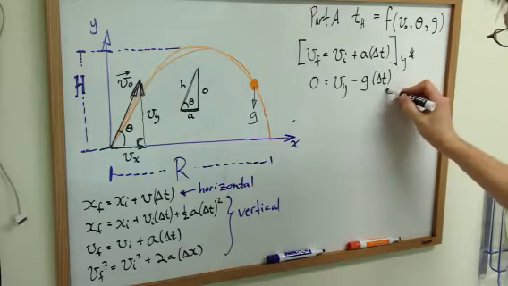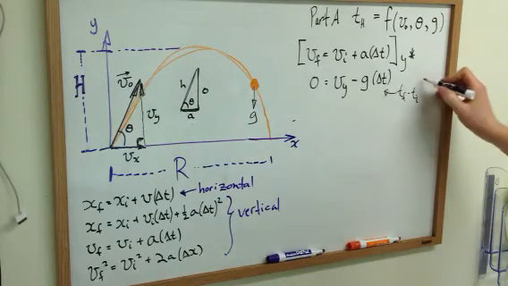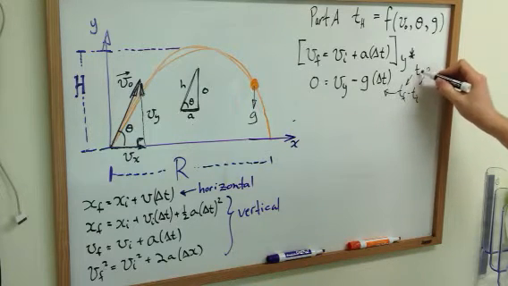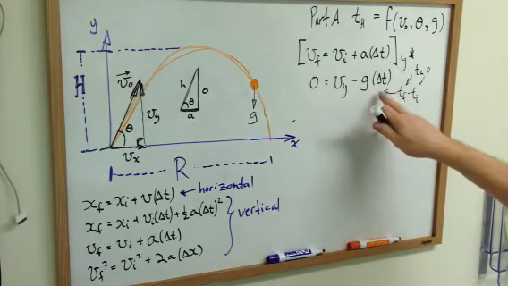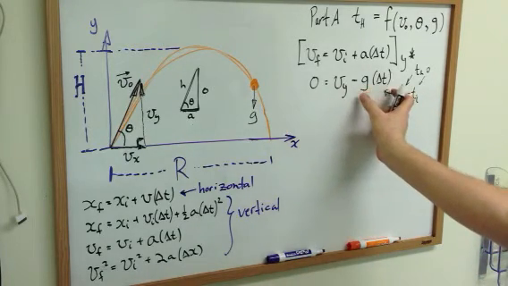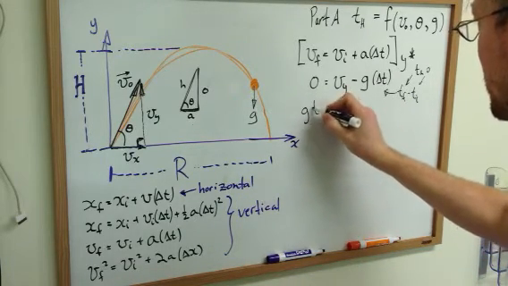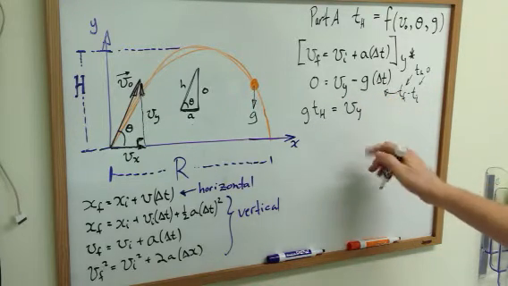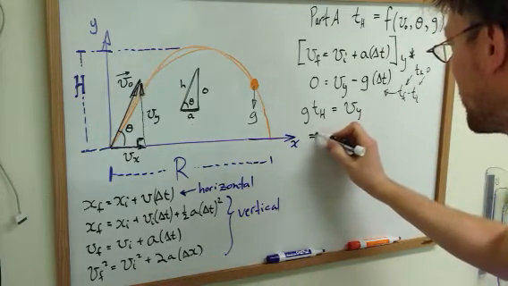Remember delta t is t final minus t initial, and if we consider our initial t to be 0 and our t final to be t at time h, then our delta t is just th. I'm going to move it to the right-hand side of the equation because it has a negative sign in front of it. There's g th is equal to the initial velocity in the y direction. Divide by g.